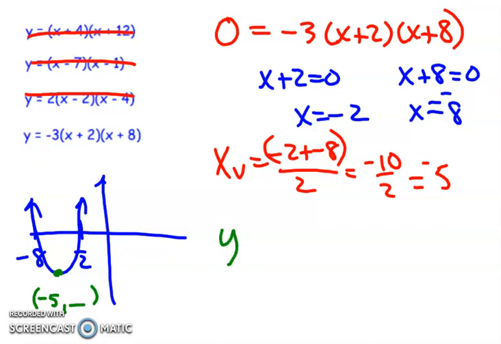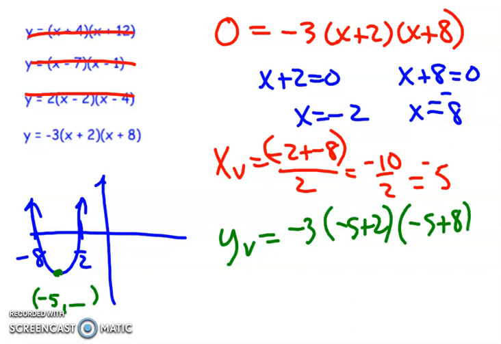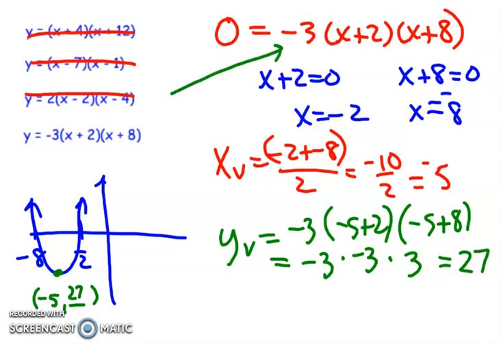To find the y value of the vertex, we're going to stick the negative 5 into these parentheses. One answer will be positive, the other one's negative, so this is negative 3 for the first parenthesis, positive 3 for the second parenthesis. So the final answer here is 27. And the a value here is negative 3.